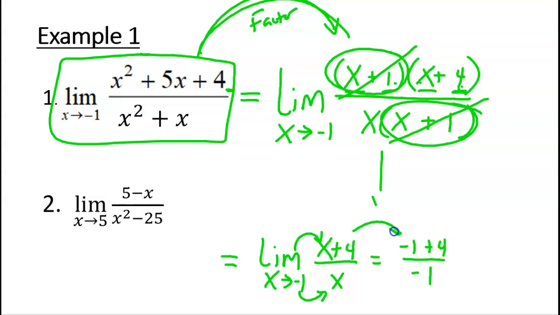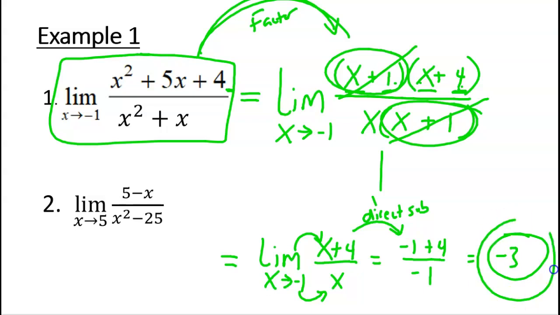So let's make another note there. That's direct substitution now. Just plugging the number in, which gives me 3 over -1, which is -3, and there's my limit. So this function, as x approaches -1, even though it doesn't exist at -1, it does approach a limit of -3 at that value.